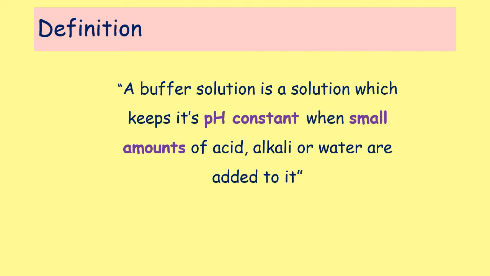A buffer that's made at pH 7, if you poured a litre of 1 molar hydrochloric acid into it, would definitely change pH. It wouldn't keep it constant.